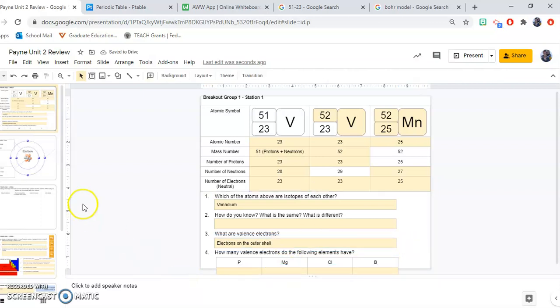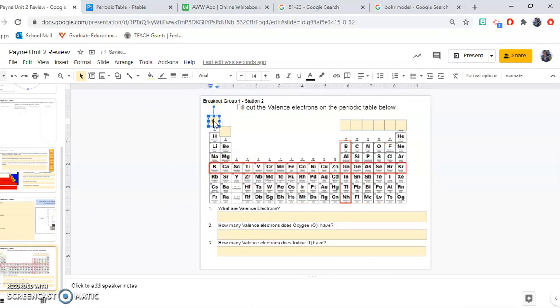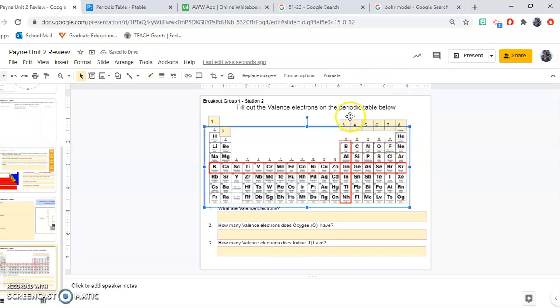For how many valence electrons, let's flip over here to this page where I ask a few more questions. Remember, valence electrons are always going to be in order. So we have 1, 2, then boron is 3, carbon is 4, 5, 6, 7, 8. And that's true throughout the entire periodic table.